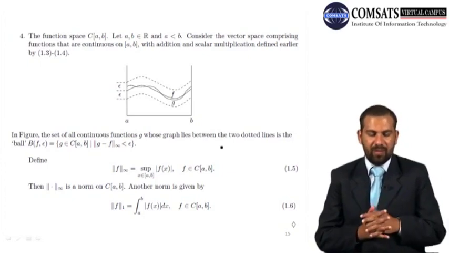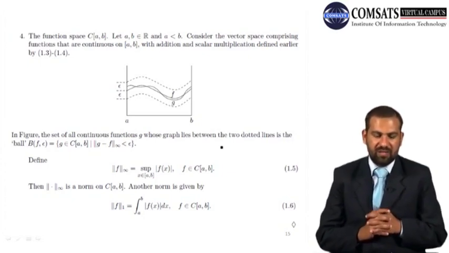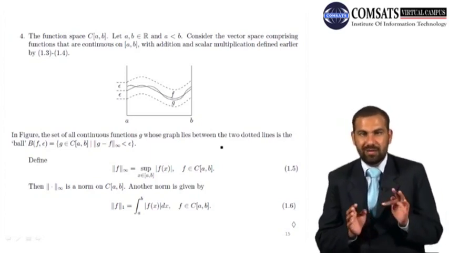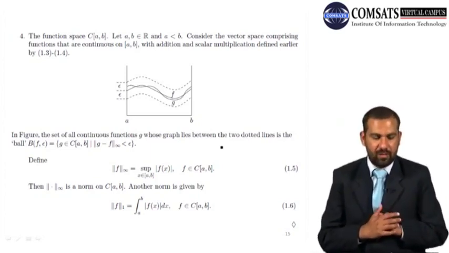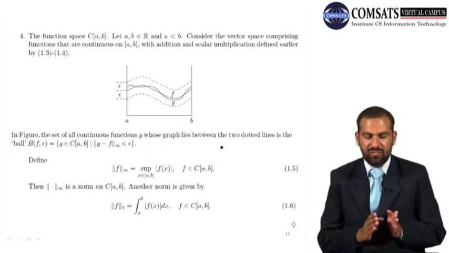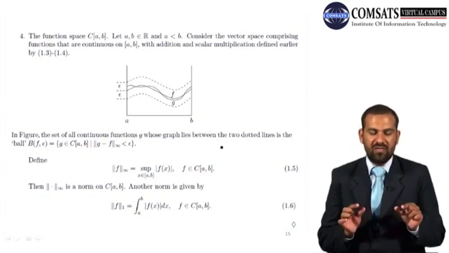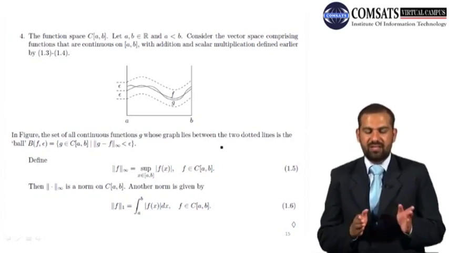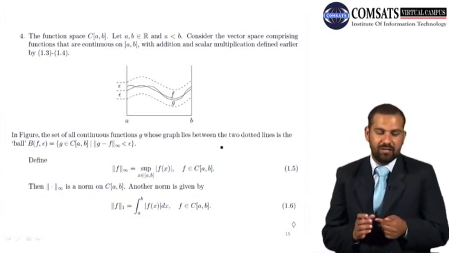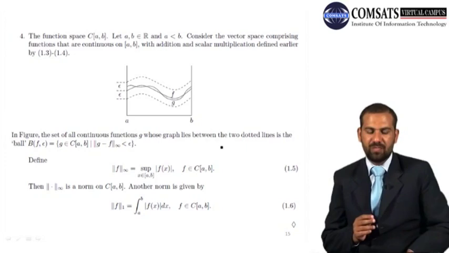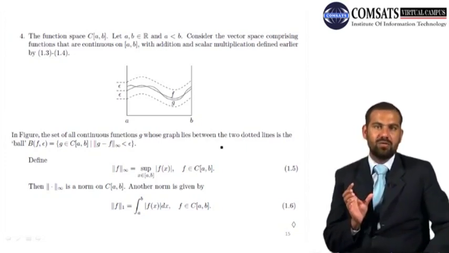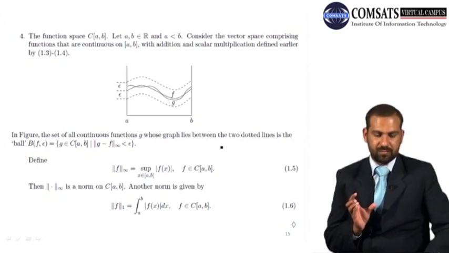In this way we obtain an open ball with center f and radius epsilon. It is the collection of all continuous functions g whose distance from f is less than epsilon. Here the distance is a norm, and the norm of f minus g must be strictly less than epsilon, where epsilon is some finite positive real number.